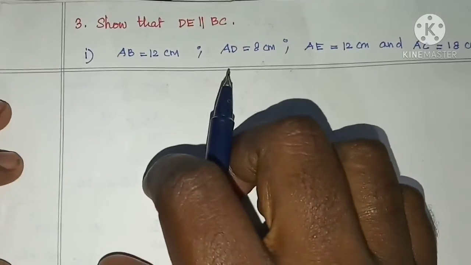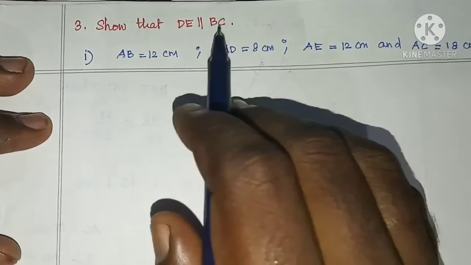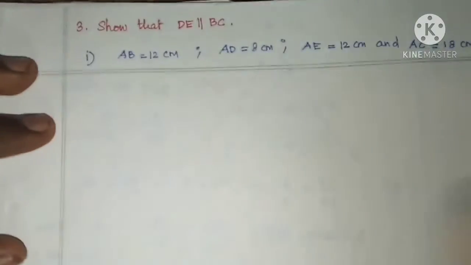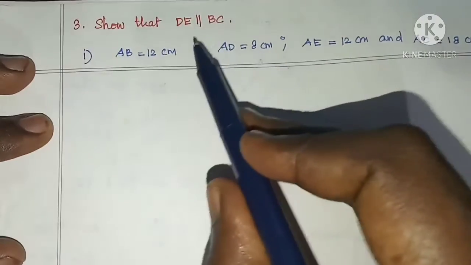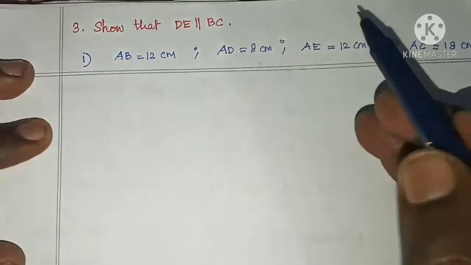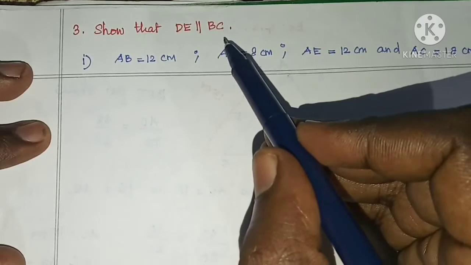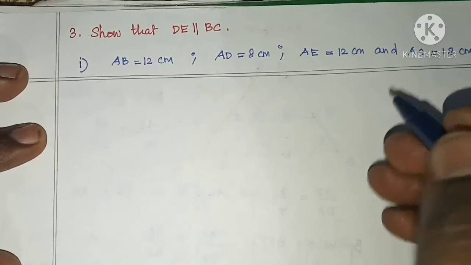Exercise number 4.2, question number 3. Show that DE is parallel to BC. Okay, so how? You know that, and you have learnt the converse of the basic proportionality theorem.